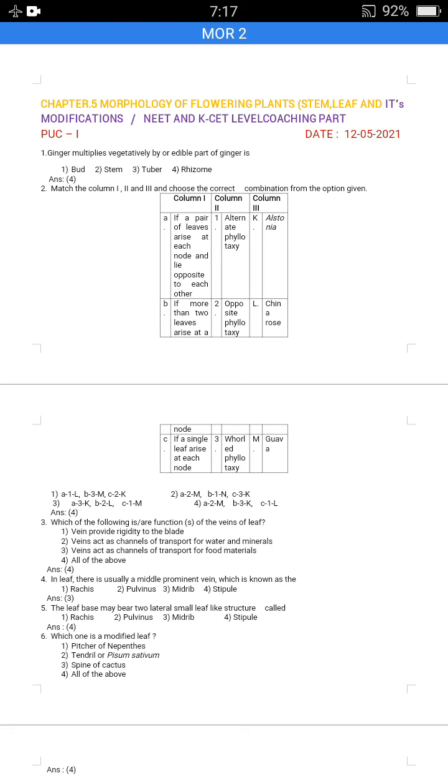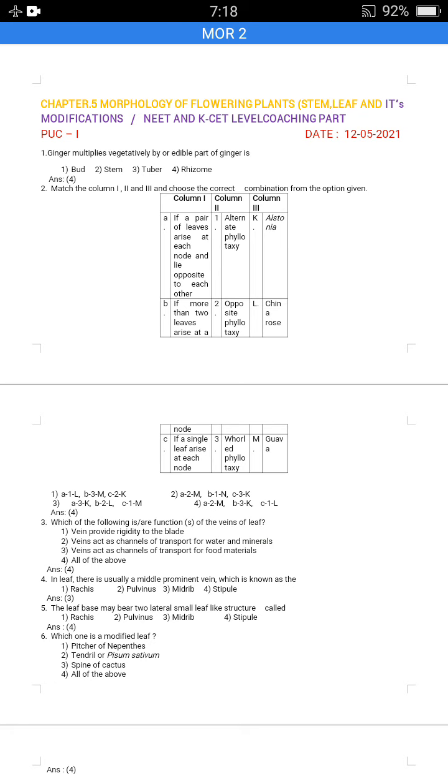Examples: China rose, mustard, and sunflower plants, etc. Understood? So this is about alternate phyllotaxy. So column 2 alternate phyllotaxy is matching with the option, a single leaf arises at each node, nothing but C.